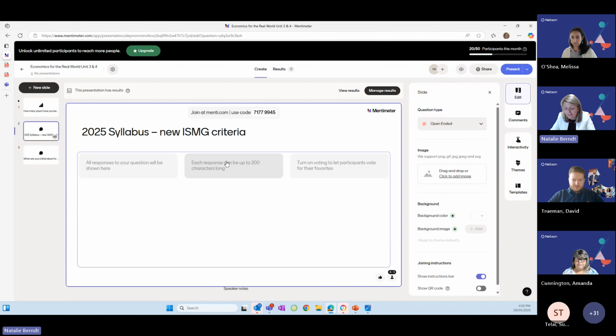And maybe you can just talk to the ISMG. What are you noticing when you're marking between the year 11s, the current year 11s versus the current year 12s? Hopefully people are noticing some things.